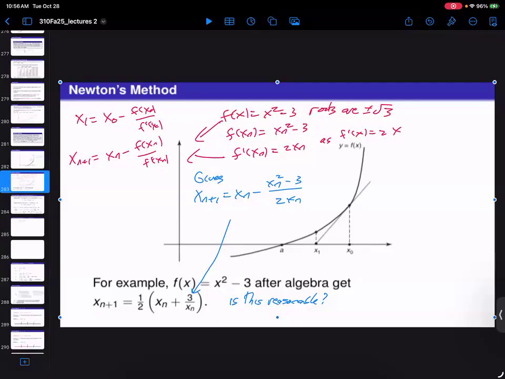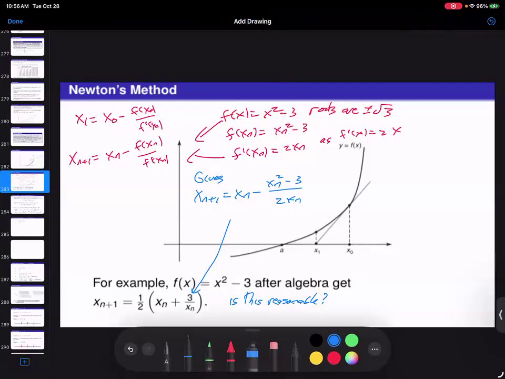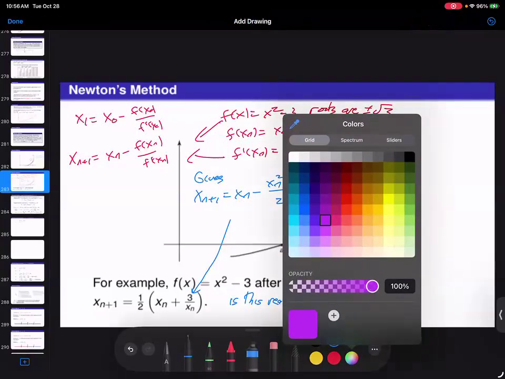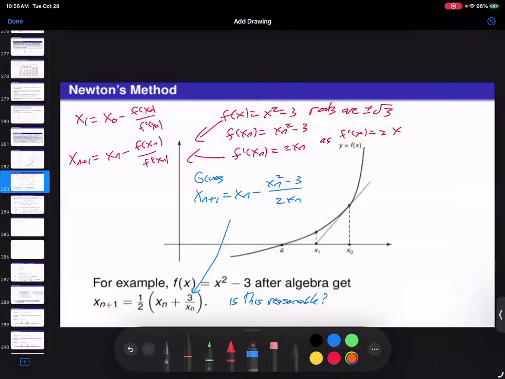So x squared minus 3. Right, and what is that root? Square root of 3. We're looking for the root of x squared minus 3 equals 0, or plus or minus square root of 3. So we're lucky if xn equals what? Square root of 3.